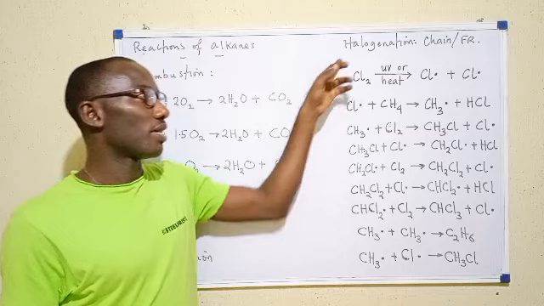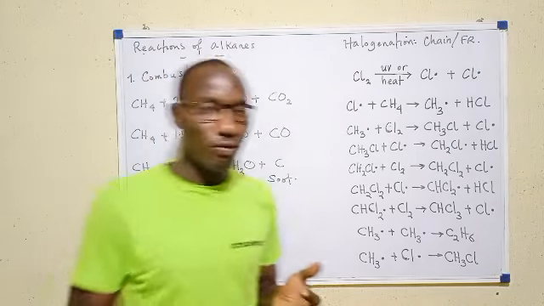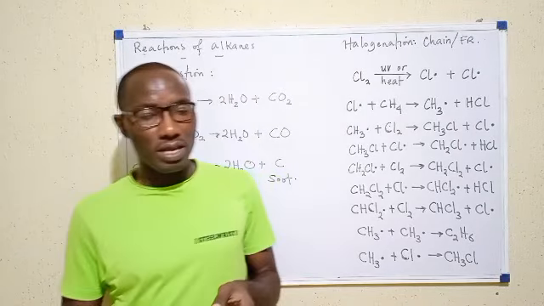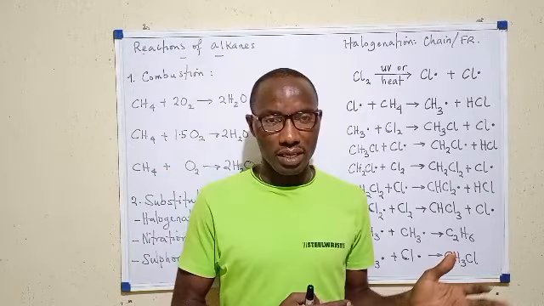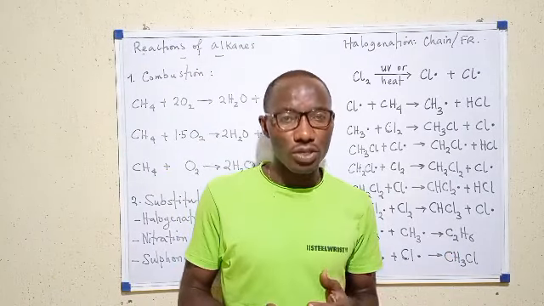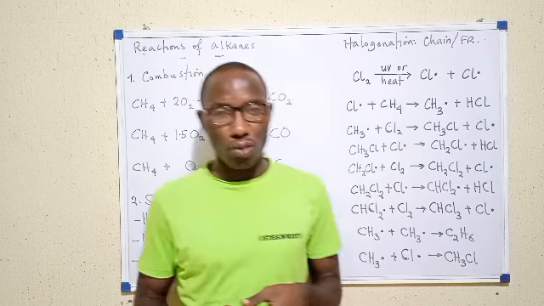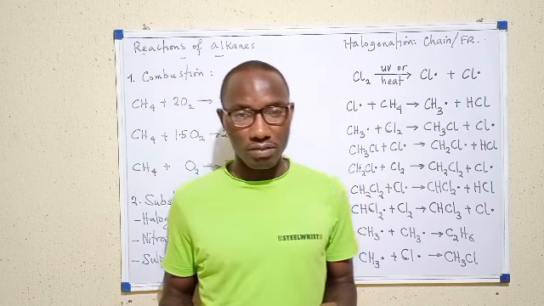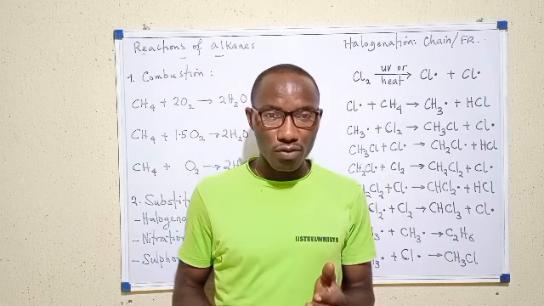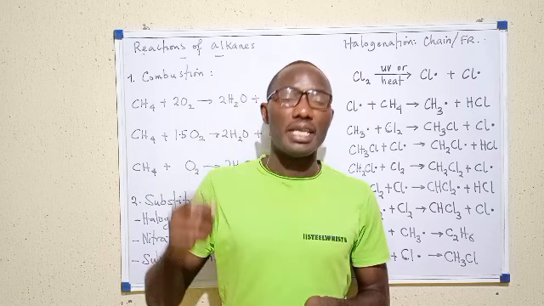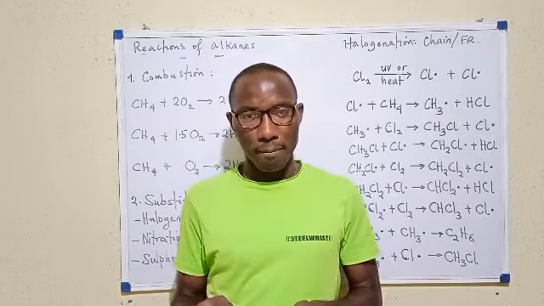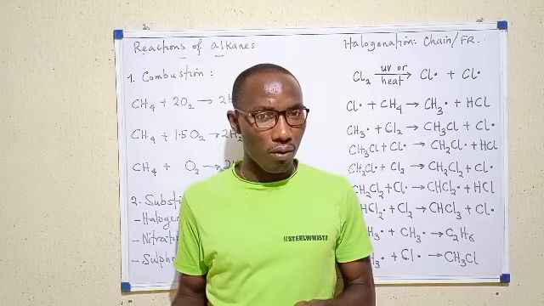And remember that the halogens could include fluorine, chlorine, bromine, iodine as the major players in this case. Now for fluorination, we don't carry out fluorination commonly because it's explosive. And if we must carry out fluorination, then the fluorine may need to be dissolved first in an inert gas. That way fluorination may occur.